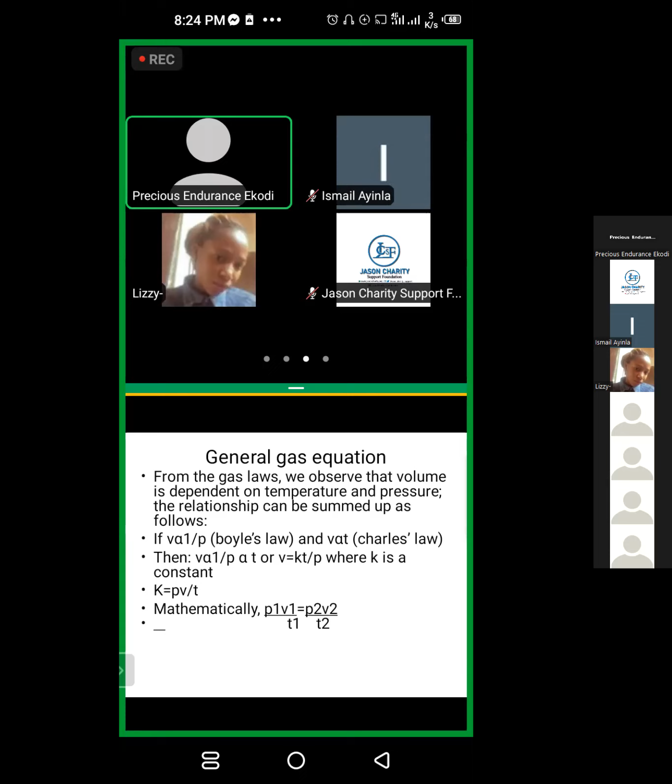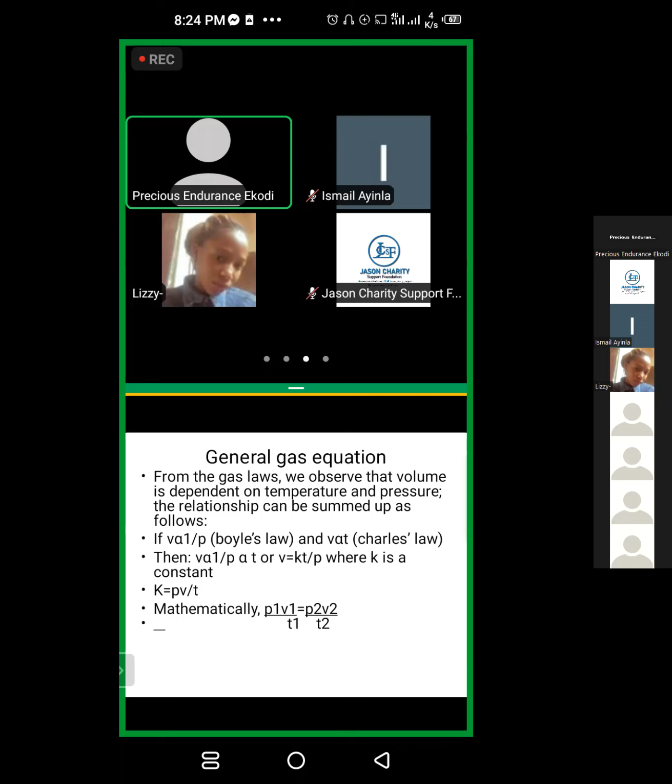Well, how this can work is, let's say you are given a question and you are not sure which of them you are looking for. By the time you write out your parameters, it will tell you which values are not given and which one is a constant. By the time you know your constant, you will easily solve the question. Say you are given a question whereby temperature is not given. You just know that you are using P1 V1 equals P2 V2. If you are given a question whereby pressure is not given, you know that you are just using V1 over T1 equals V2 over T2.